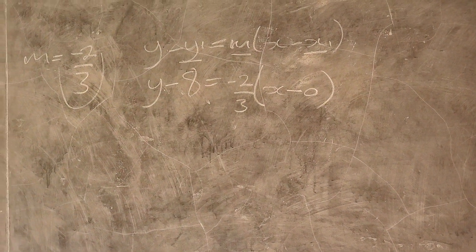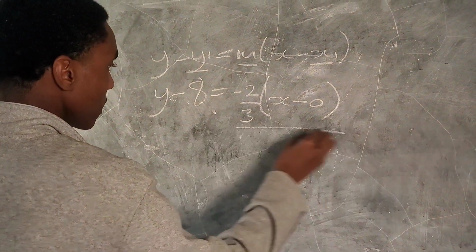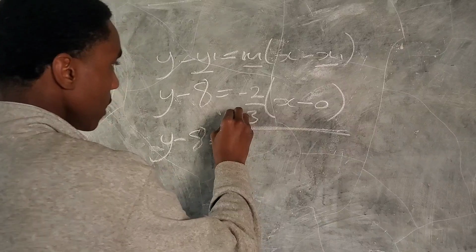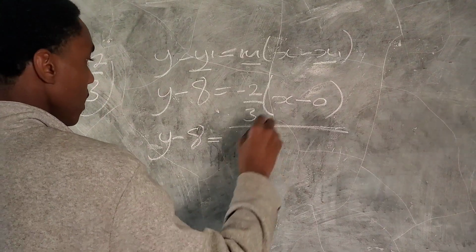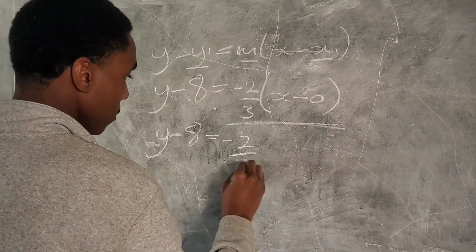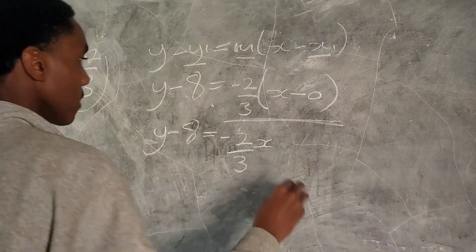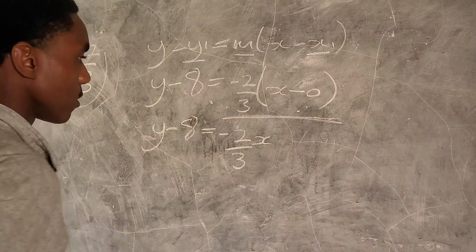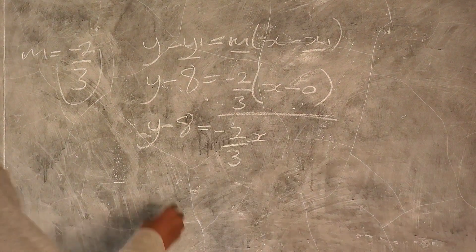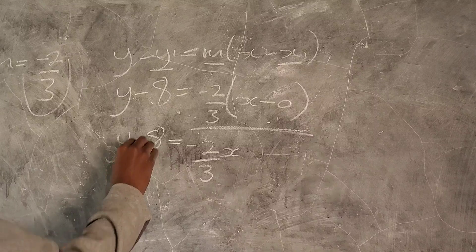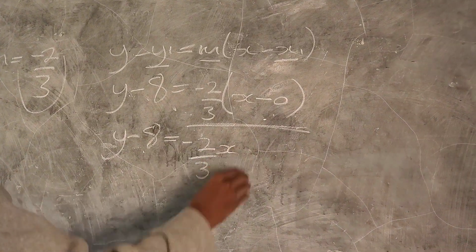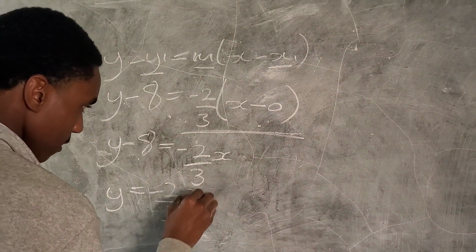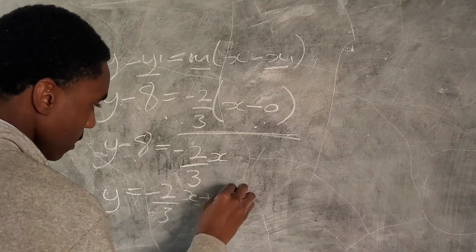Now we expand this, which is going to be negative 2 over 3 x. Negative 2 over 3 times 0 is just 0, so there's no point in writing 0 here. We move this guy across the equal sign, and it becomes positive 8 there. Very, very simple.